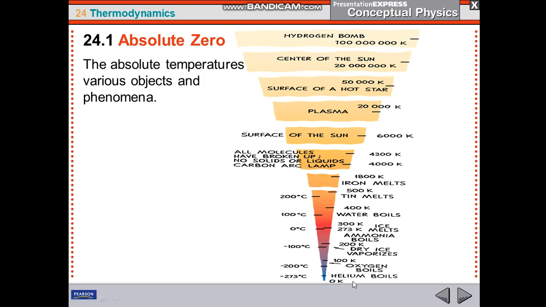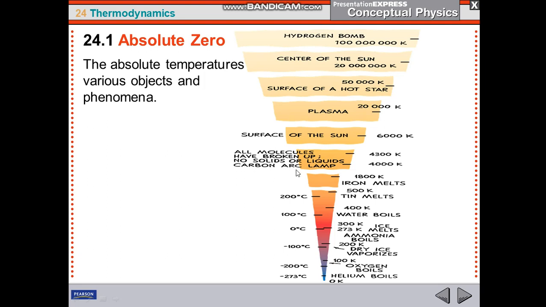Then you can see oxygen boils at 100 Kelvin, dry ice vaporizes at 200 Kelvin, then there is 273 Kelvin. You can see ammonia boils, so it increases. As you can see, water boils, tin melts, iron melts.